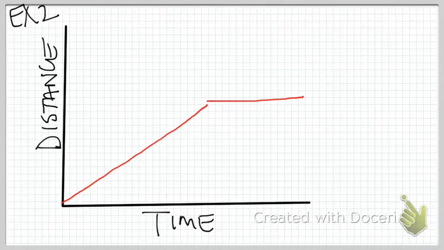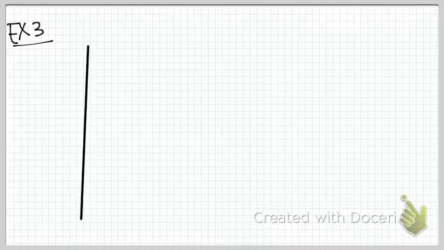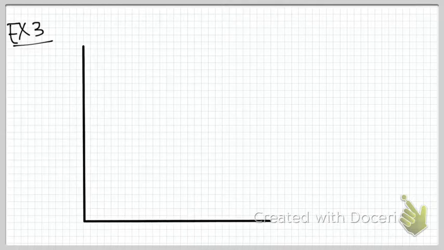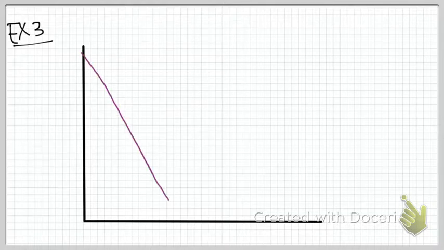Okay, let's look at another one. This is example 3. Whoops, that wasn't very straight, was it? Okay. Let's say our graph looks like this. Okay.